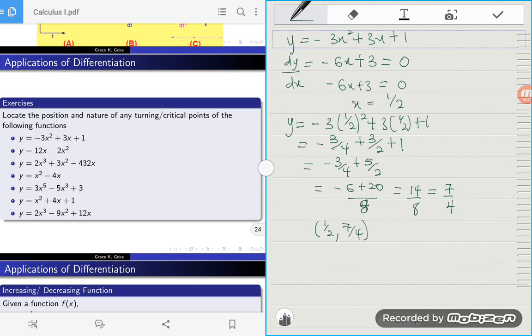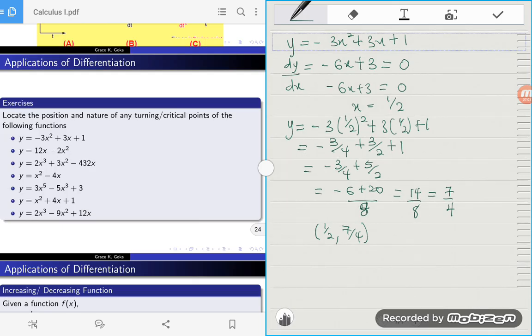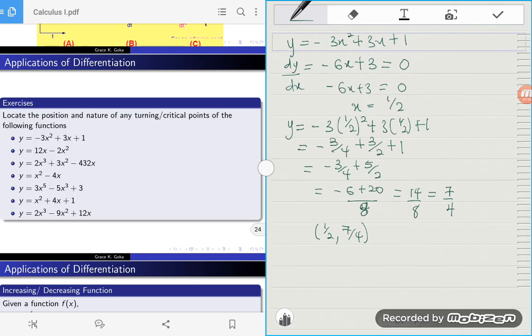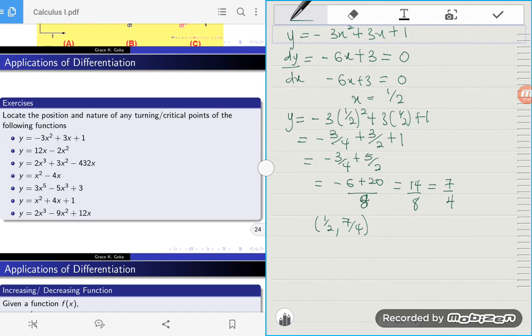Now we want to know the nature of this critical point, whether it's a relative maximum or a relative minimum or a saddle point. Now once again, if the second derivative is a positive number, then it's a relative minimum. If it's a negative number, then it's a relative maximum, and if it's equal to 0, then we have a point of inflection, or saddle point. So we have our first derivative as minus 6x plus 3.